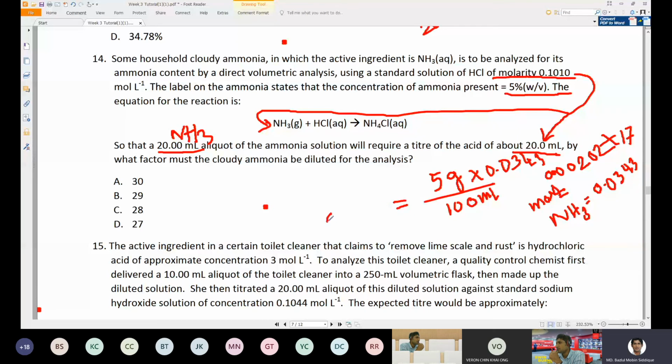So it will be 0.1717, something like that. So from this 0.1717, 5 gram was made to 0.1717.